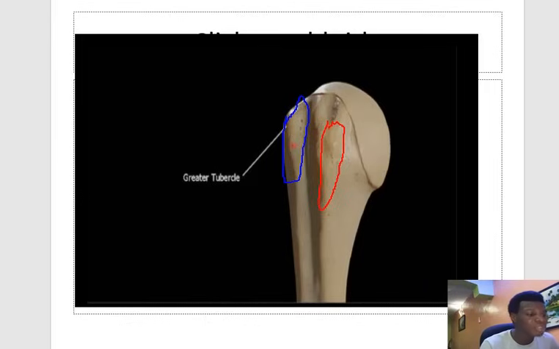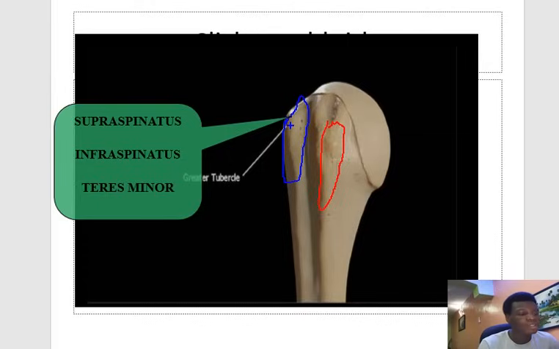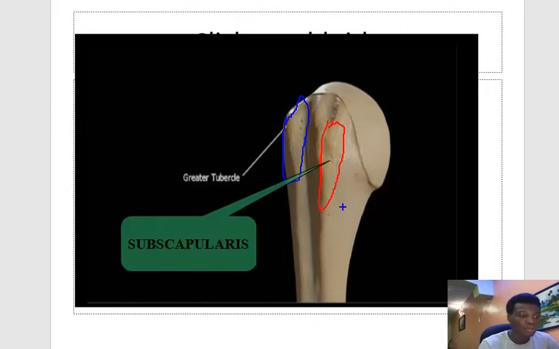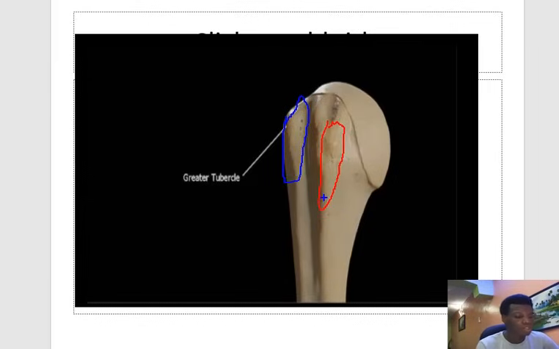For example, the greater tubercle has the supraspinatus, infraspinatus, and teres minor inserting to it, while the lesser tubercle in front has the subscapularis, that muscle we mentioned originated from the subscapular fossa, inserting to it.